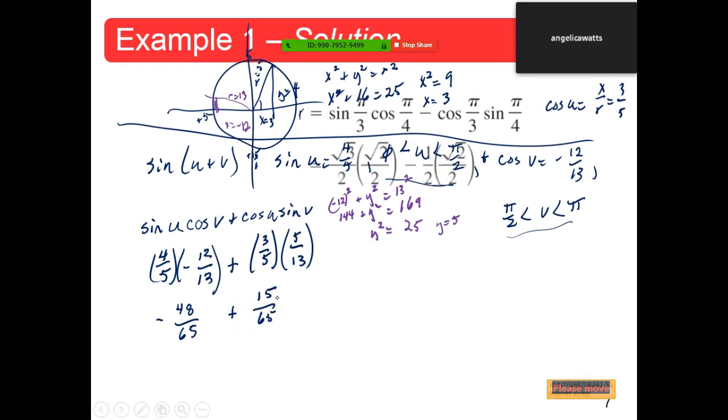That's convenient. Now, subtract those two, and we get minus 33 over 65. Does that sort of make sense?